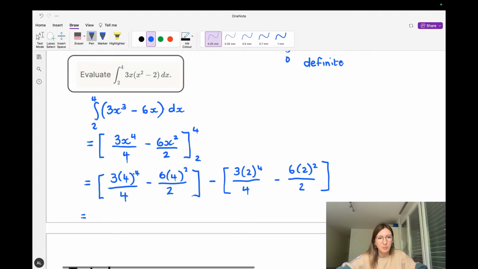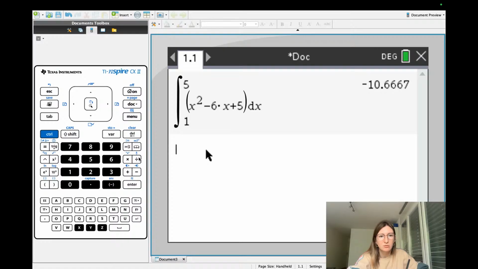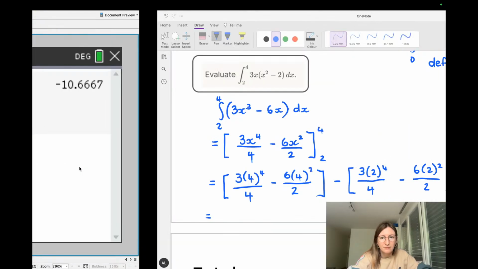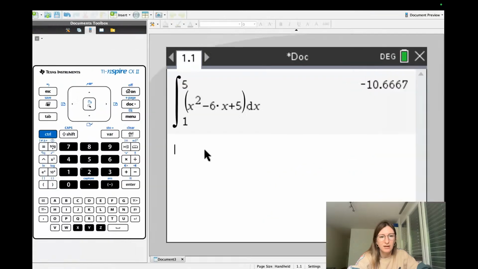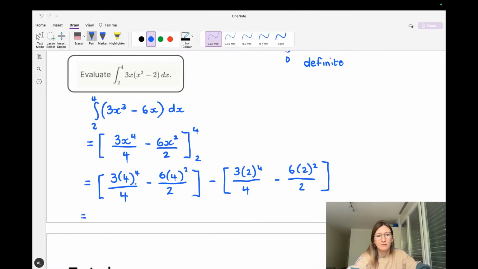Well, I have 4 to the power of 4 here divided by 4. So that's going to leave me with 3 times 4 to the power of 3. And I'm just going to be super lazy. I was doing that one for later. I've already forgotten what I needed. 3 times 4 to the power of 3 is 192.